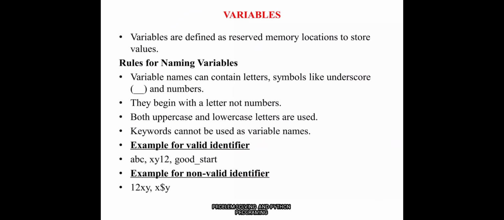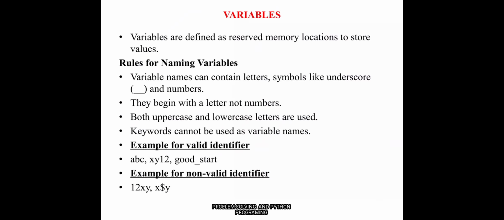Whenever we are naming variables, the variable names can contain letters, symbols like underscore, and numbers, and they should begin with a letter, and it can be a combination of both uppercase and lowercase, but reserved keywords are not allowed.